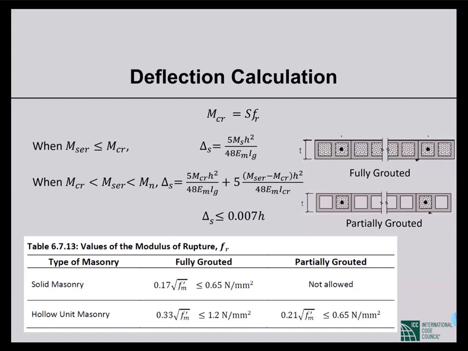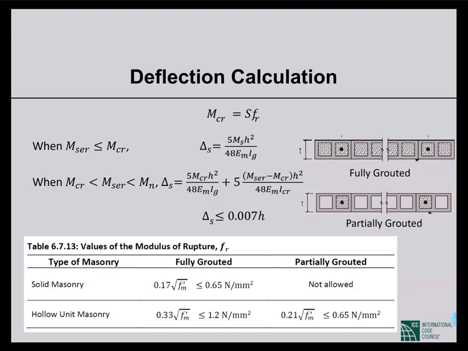And by partially grouted, it means that not all the cells are grouted. Usually, only the cells containing reinforcement are grouted. So depending on if it is fully grouted or partially grouted, the formulas for modulus of rupture are different.